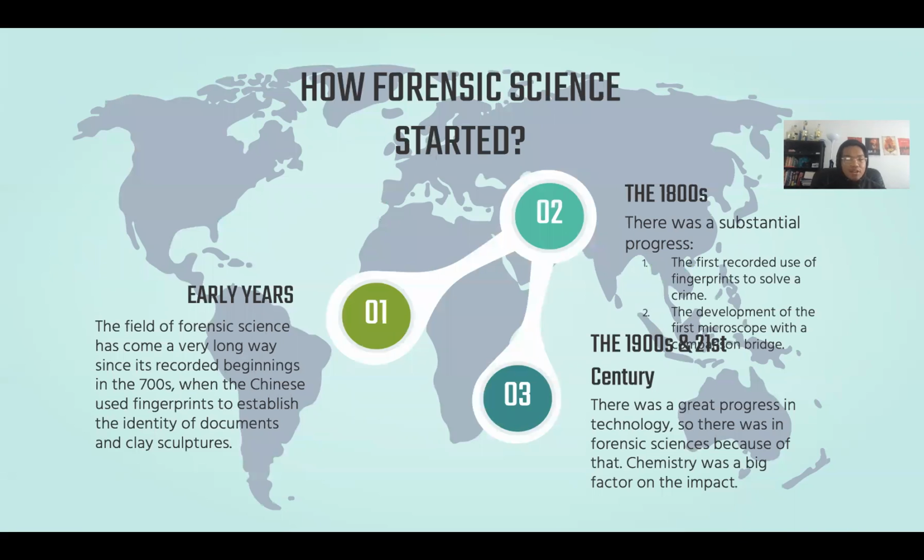How forensic science started. In the early years, the field of forensic science has come a very long way since its recorded beginnings in the 1700s, when the Chinese used fingerprints to establish the identity of documents and clay sculptures.